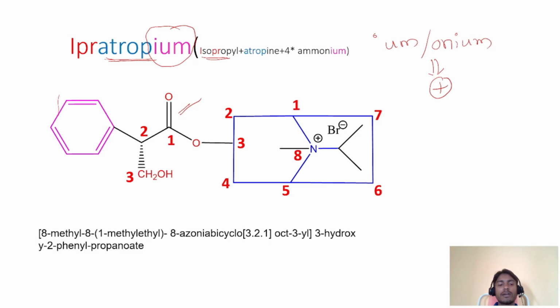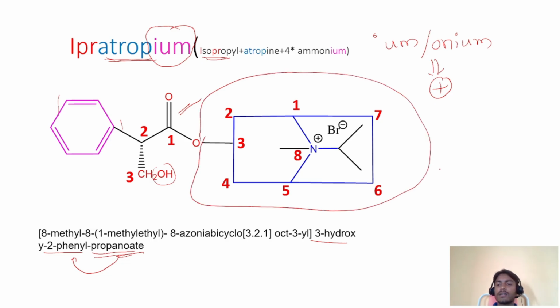So now the IUPAC nomenclature is propanoate. A 3 carbon chain containing an ester we can call a propanoate, followed by the phenyl group. So second position phenyl group, third position hydroxy group, 2-phenyl, 3-hydroxy is completed. Next, whatever is located on the oxygen atom we can consider as a prefix.